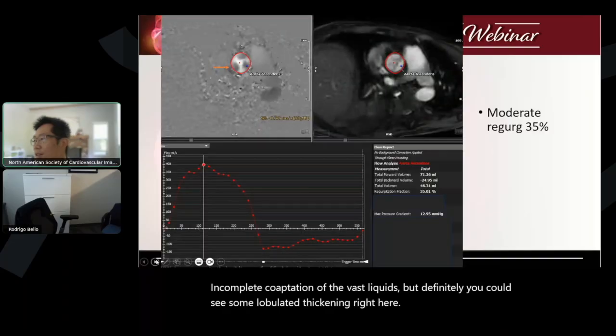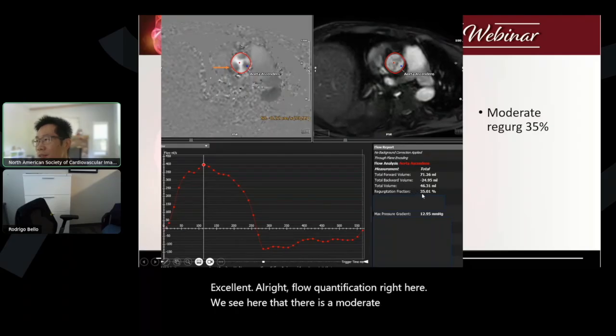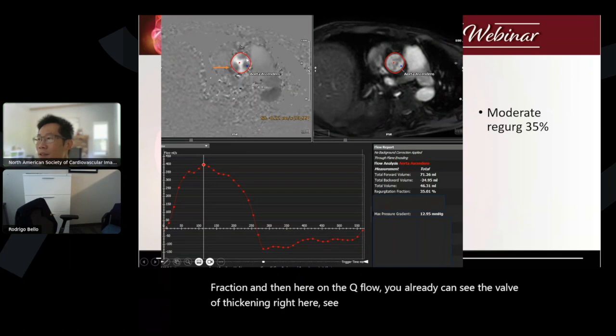Excellent. All right, flow quantification right here. We see that there is a moderate regurgitation, 35% regurgitant fraction, and here on the Q flow, you can already see the valvular thickening. See that three leaflet thickening right here. All right.